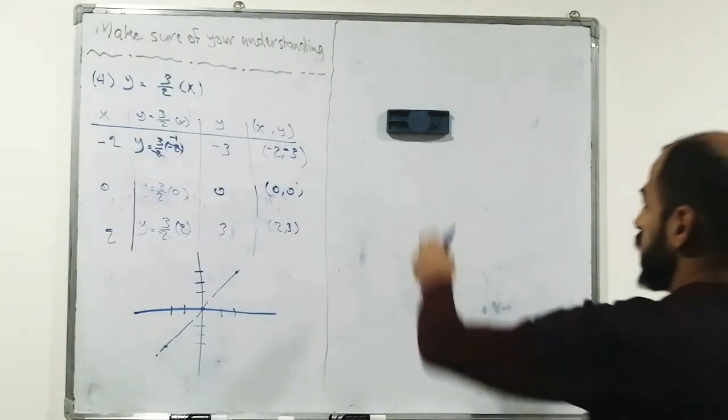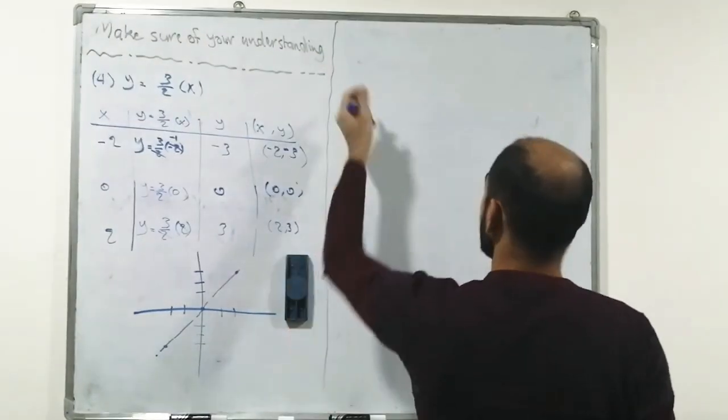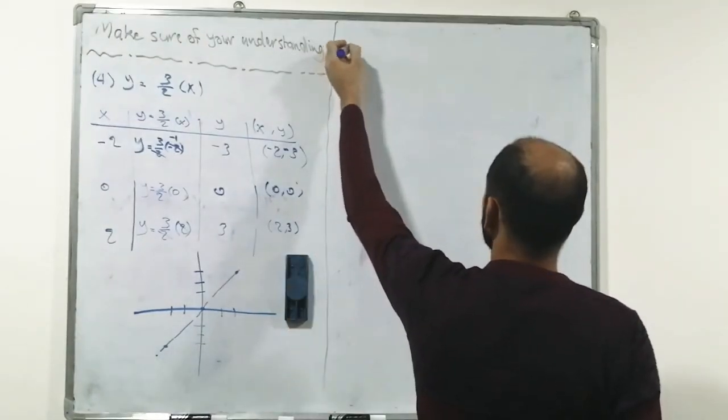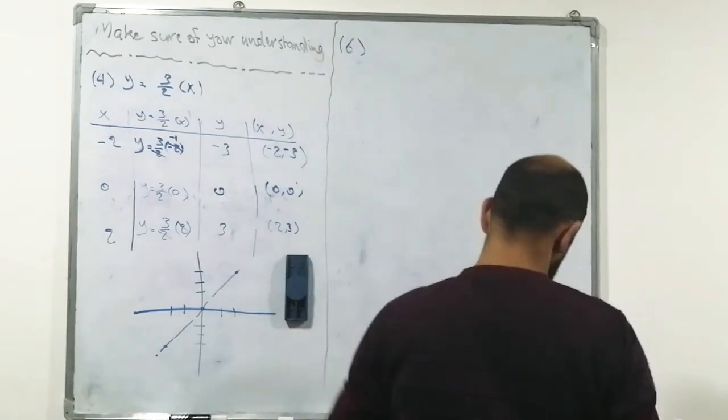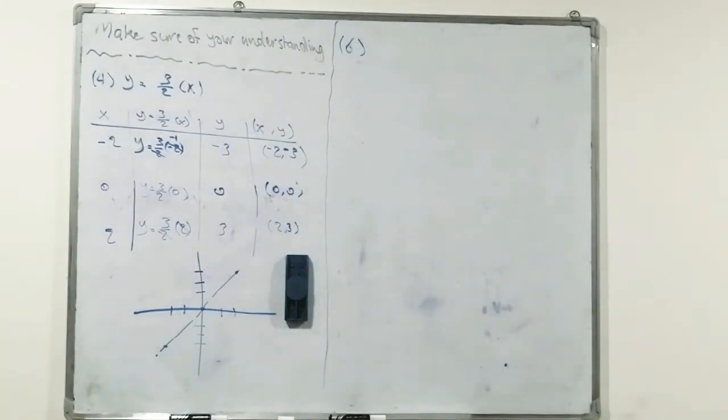Now in question number 6, use the graphical diagram to construct the function table and write the linear function.